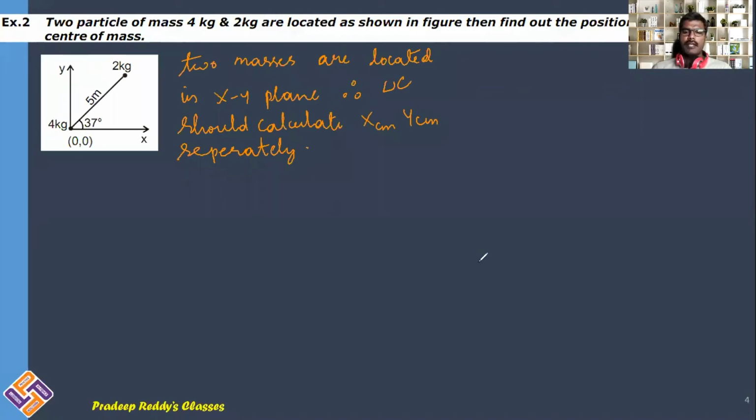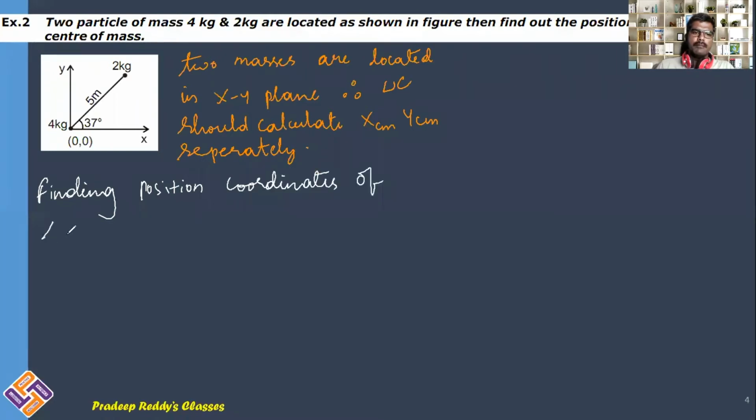So in order to calculate XCM and YCM separately, we should first find out the position coordinates of the 4 kg mass and the 2 kg mass.